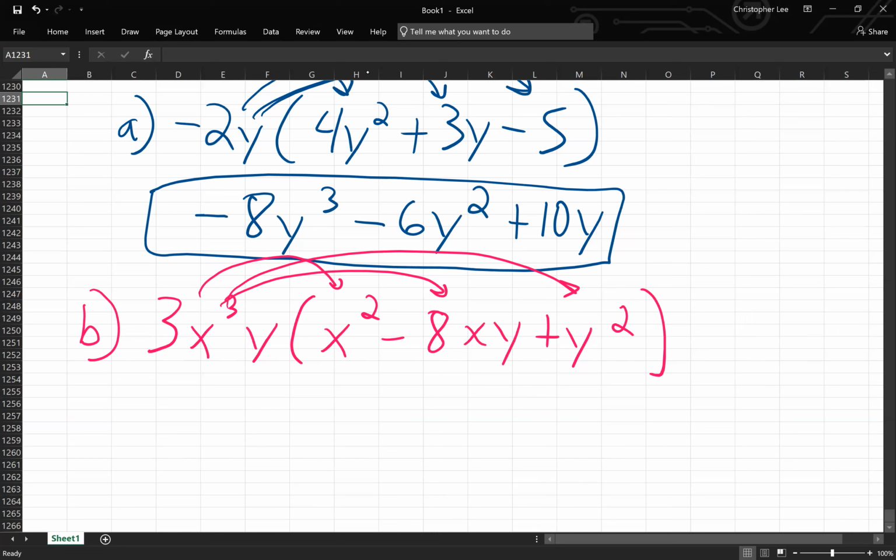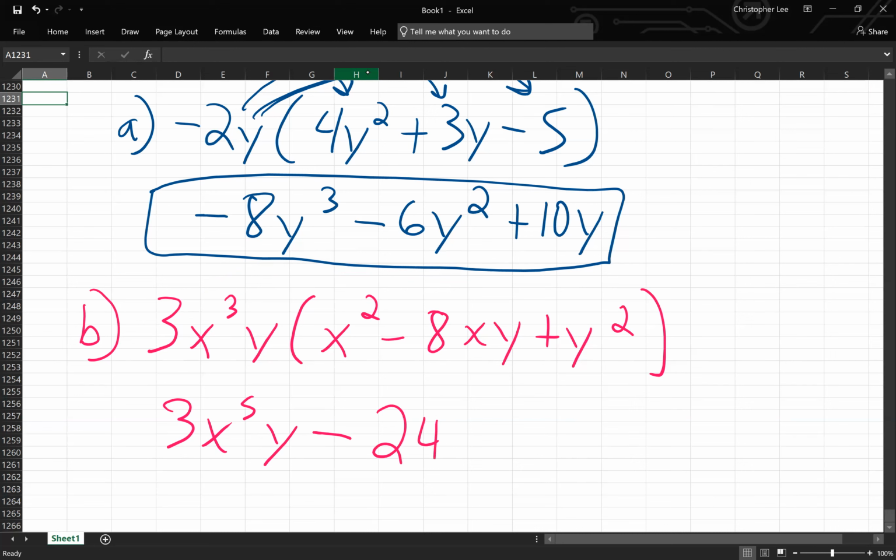3x to the third times y times x squared. What does that become? I'm gonna erase these arrows because that's it. 3x to the fifth y, very good. A positive times a negative is a negative, and 3x to the third y times 8xy becomes 24, x to the fourth, y to the second, very good.